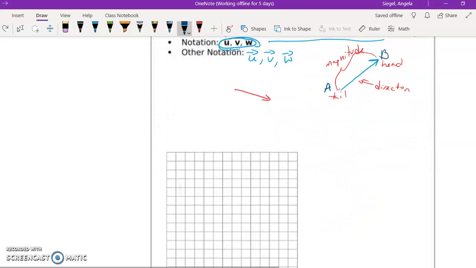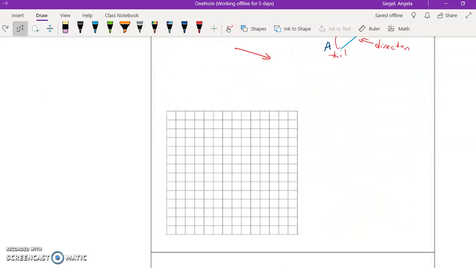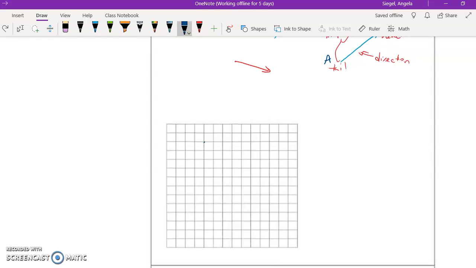Okay, so we're going to compare vector AB and BA. Oops, I didn't put the arrow. Okay, and this arrow is representative of a vector, not a ray or a line or anything like that.